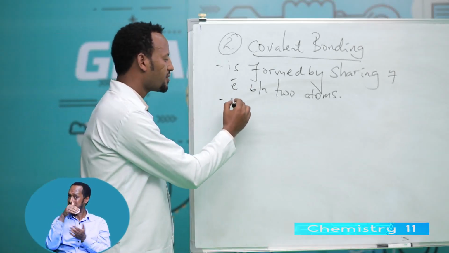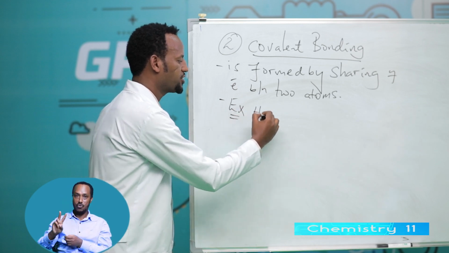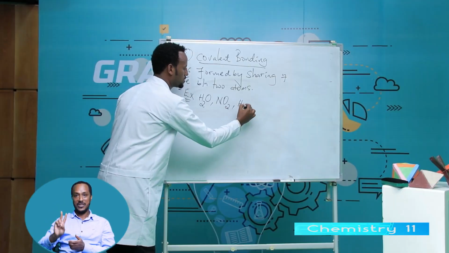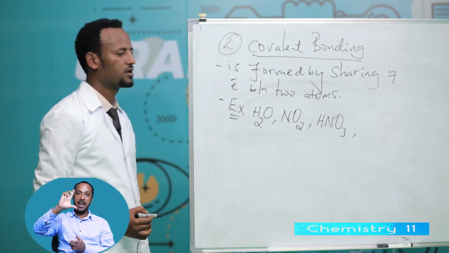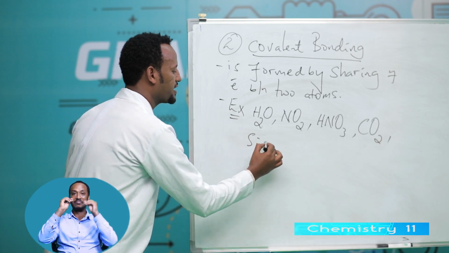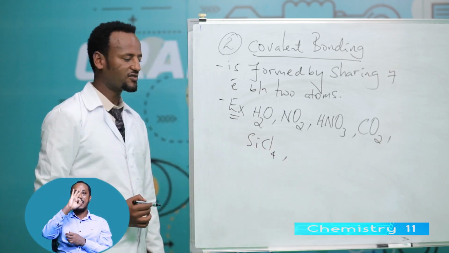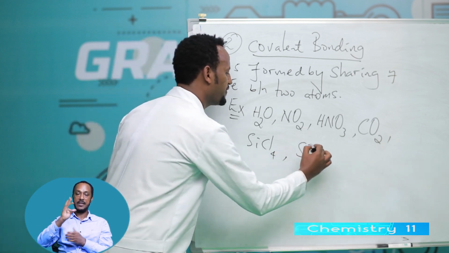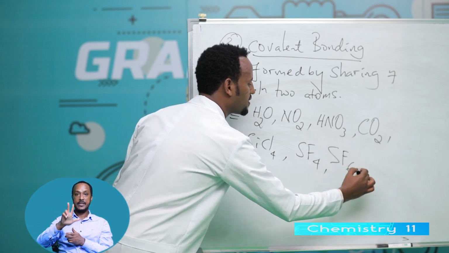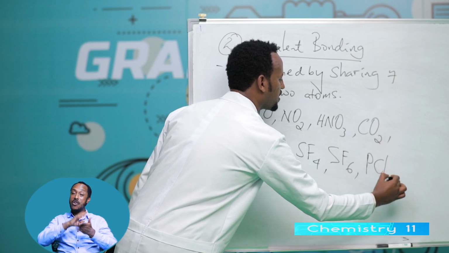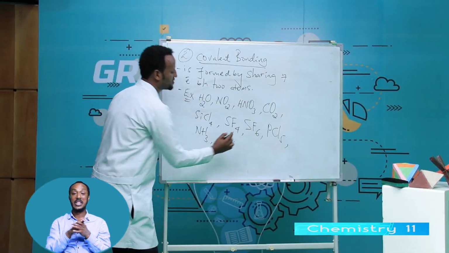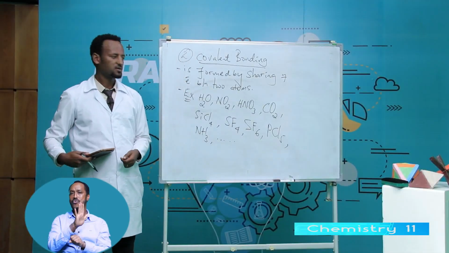Okay, students, examples: H2O, NO2, HNO3, carbon dioxide, SiCl4, silicon tetrachloride, SF4, SF6, PCl5, NH3, and so on. All these are examples of covalent compounds.